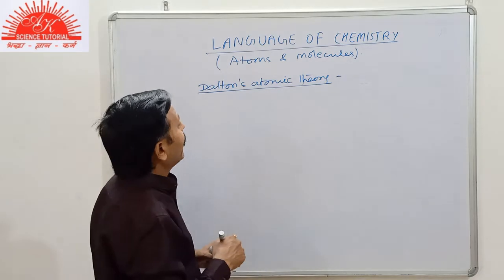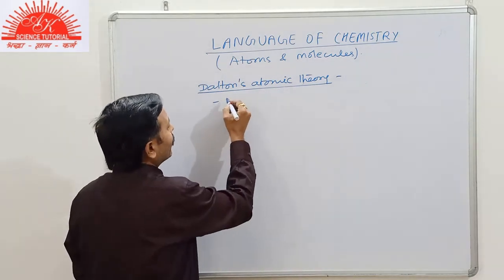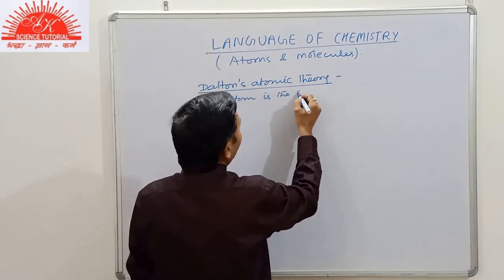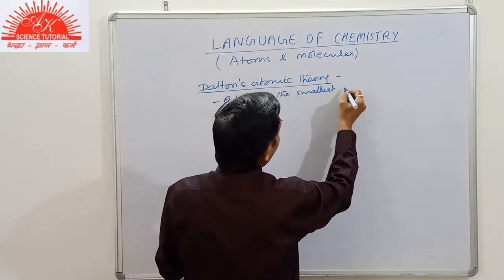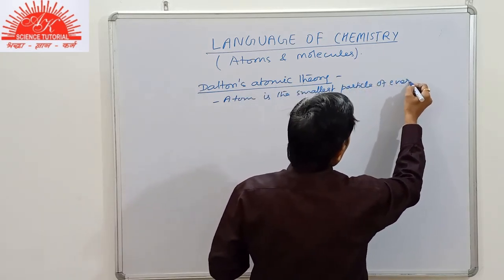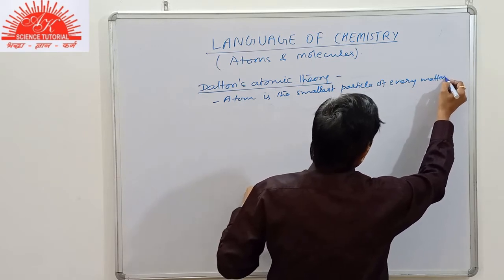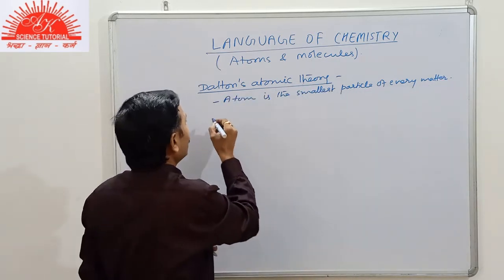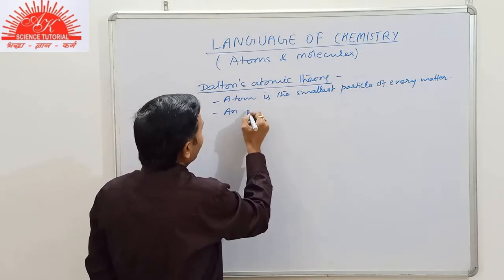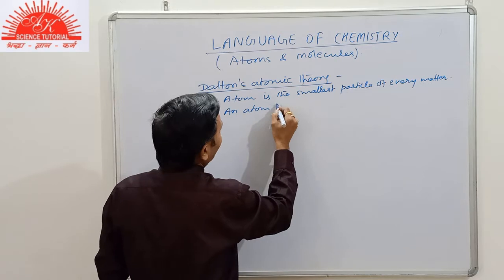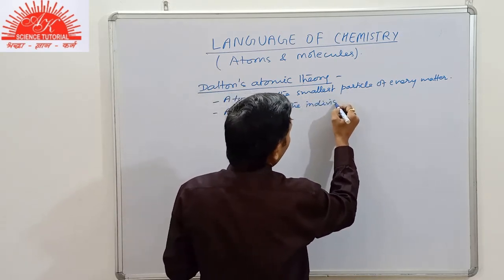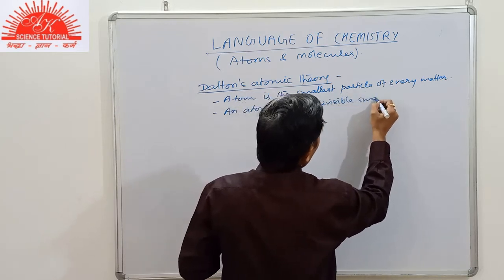First, an atom is the smallest particle of every matter. This was discussed by earlier philosophers and scientists also. Second, an atom is an indivisible particle, the smallest particle.